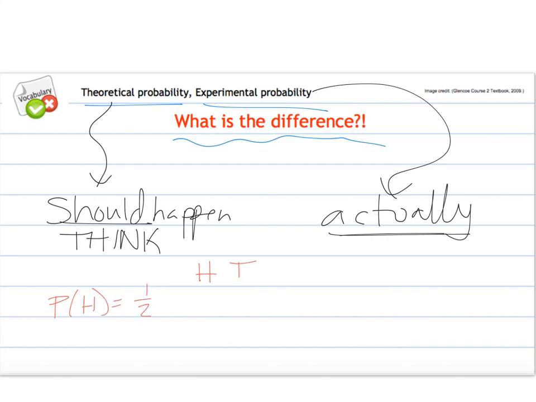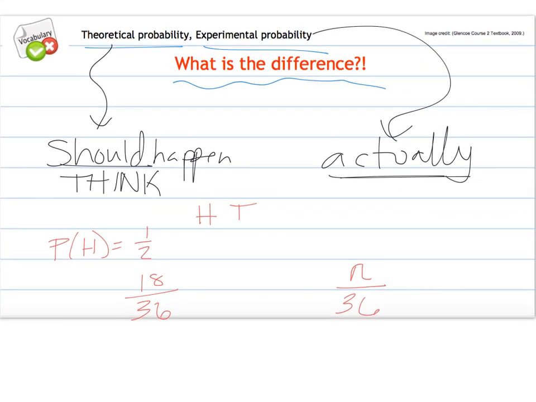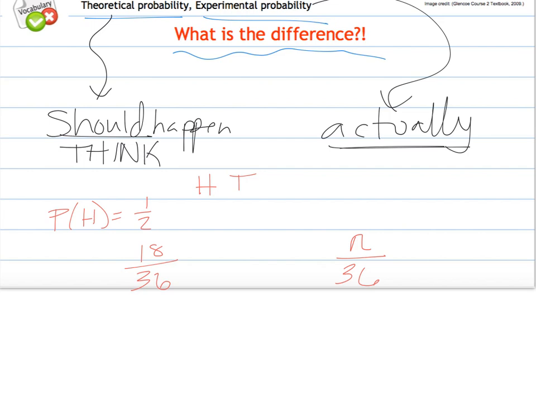If I did that 36 times, then that should happen 18 of the 36 times, theoretically. Experimentally is the actual number of times that it happens out of 36. So the more often that you do an experiment, the closer together these should be. And we'll practice that.